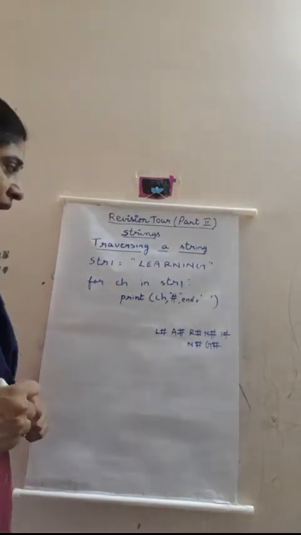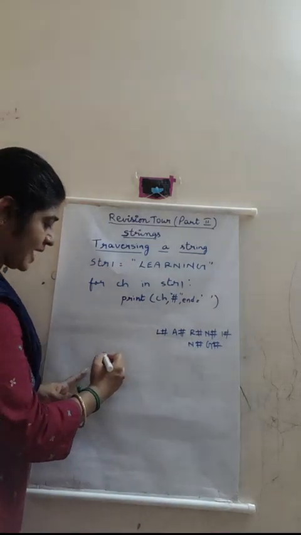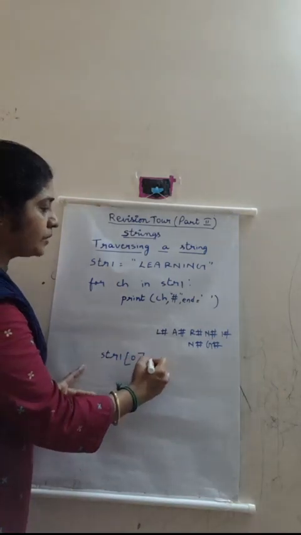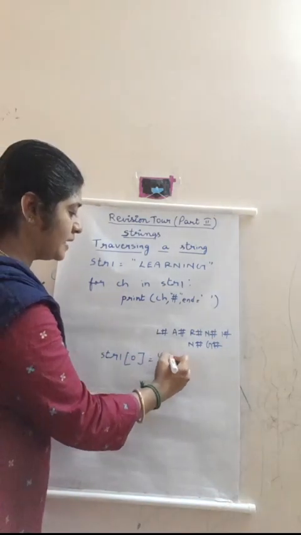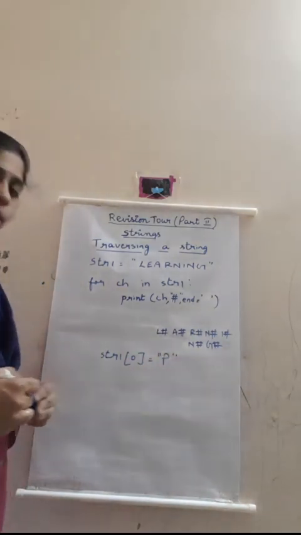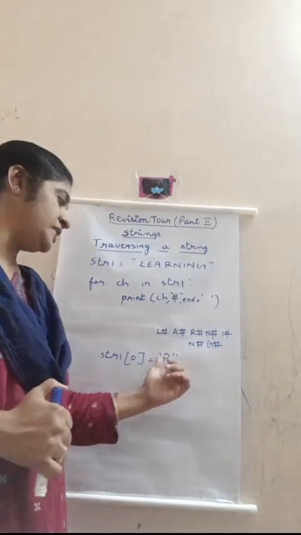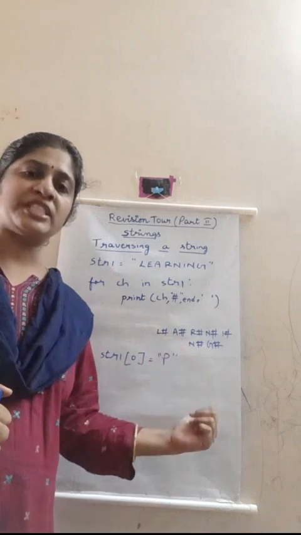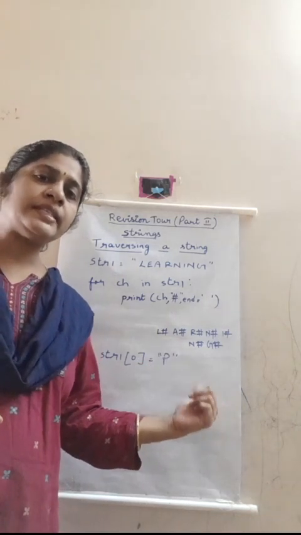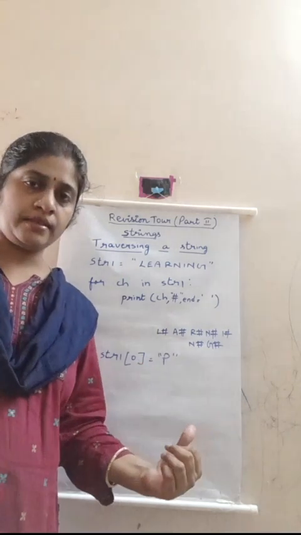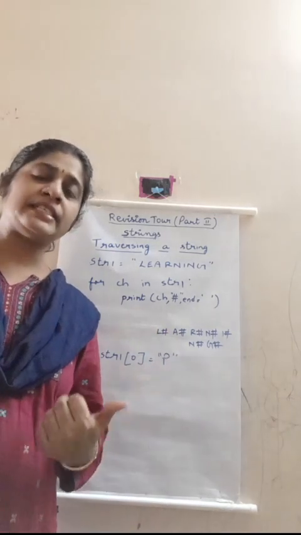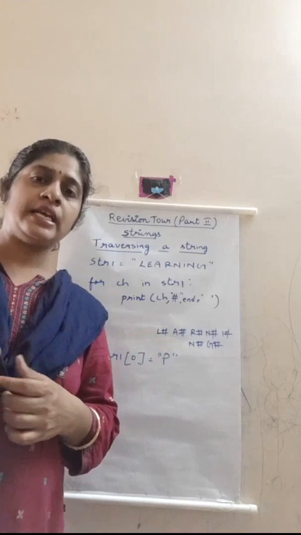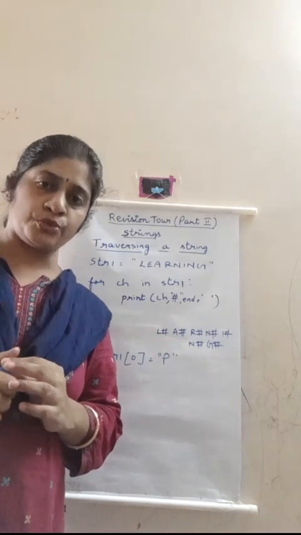Now can I write str1 of 0 is equal to p? Can I assign the value like this? This is not possible. Why? Because strings are immutable. Even this I have discussed in one of my previous videos, which is available in the playlist revision tour.